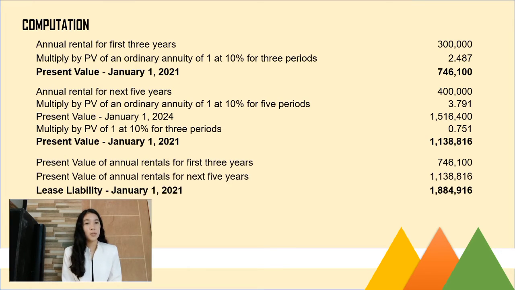So, adding the two products of the annual rental for first 3 years and for next 5 years with their respective present value of an ordinary annuity will give us the initial measurement of this liability as of January 1, 2021, amounting to 1,884,916.